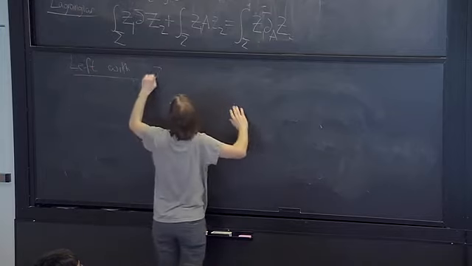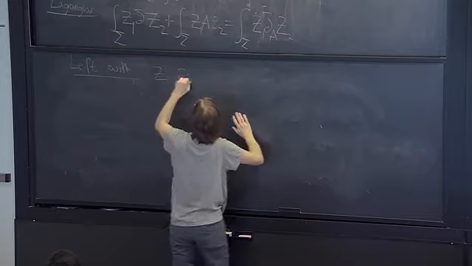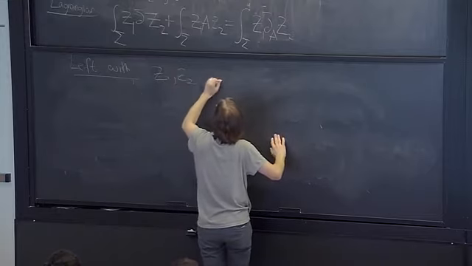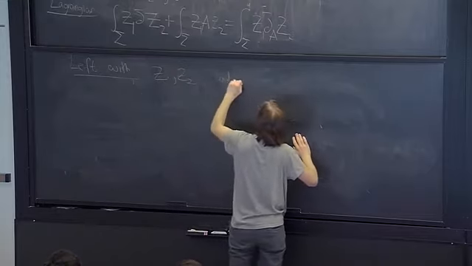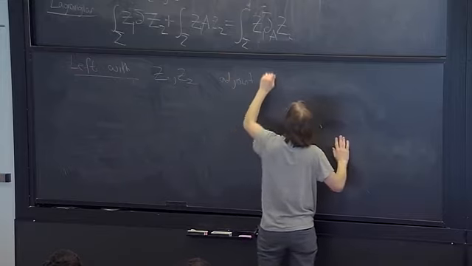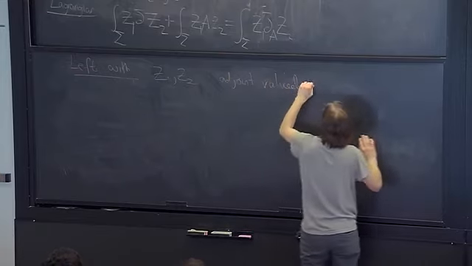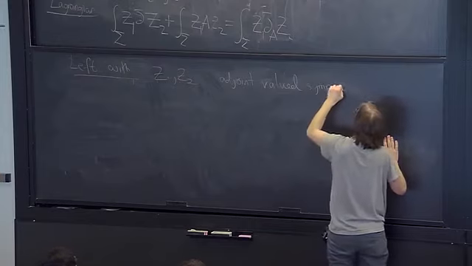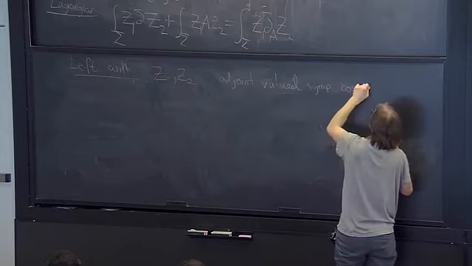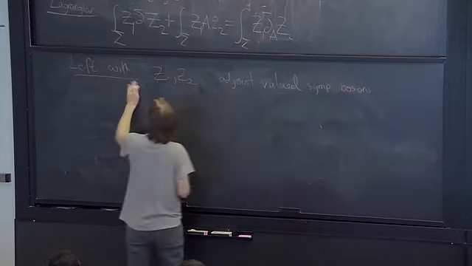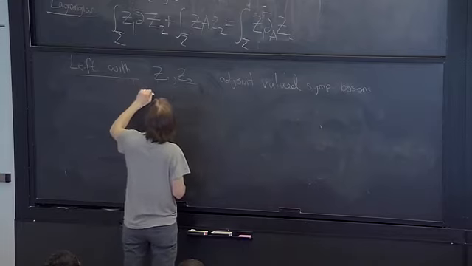So Z1, Z2 are adjoint valued symplectic bosons, and these are gauged.